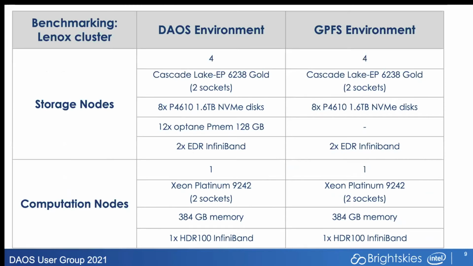Our benchmarks were run on the Linux cluster provided by Lenovo, where our DSG API tests ran in a DAOS environment with 4 storage nodes and 1 computational node, while Seismic Unix ran in a GPFS environment of identical specification.